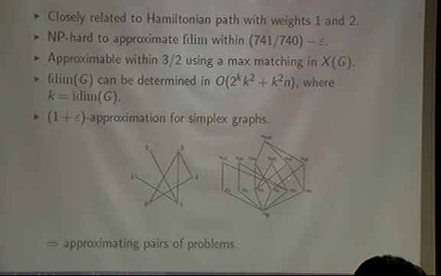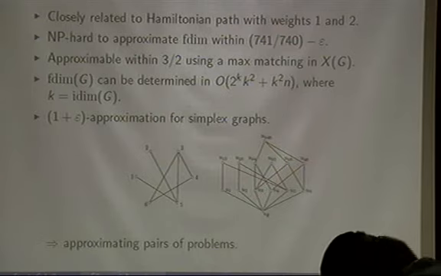Basically it can have size 2 to the n. If this is the complete graph, here you have all cliques, which means all subsets, which means this has size 2 to the n. So here we take as input the simplex graph. That's how you get a 1 plus epsilon approximation.